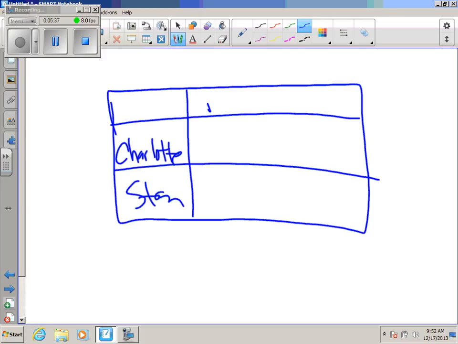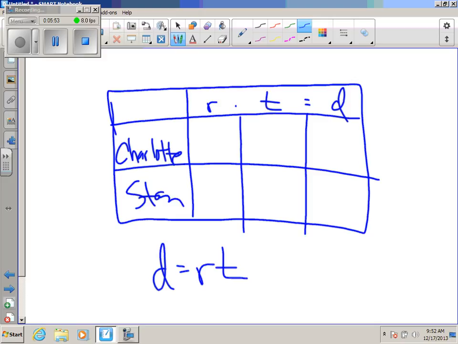And R times T is going to equal D. D is equal to RT. Is that the same thing? R times T equals D? Yeah. All right. So I know that Charlotte's rate is what? 75?